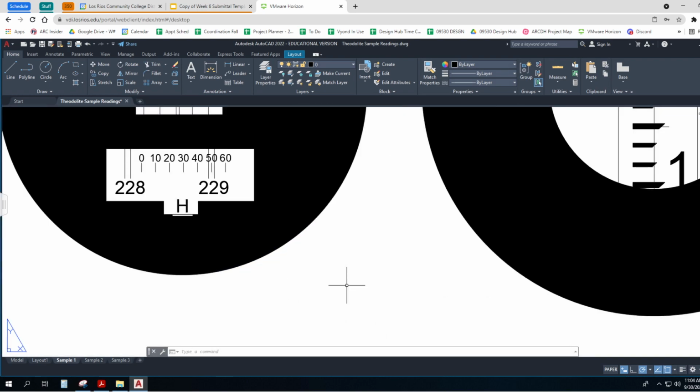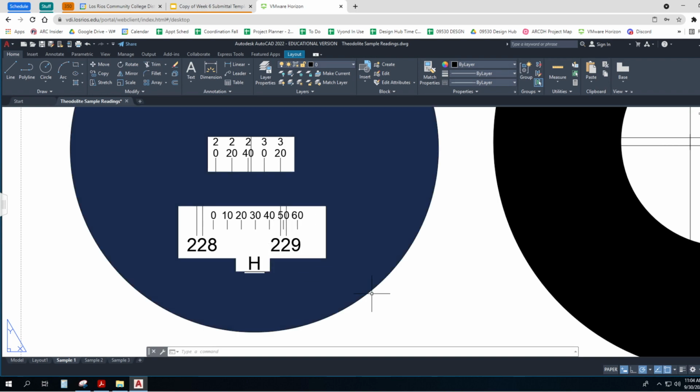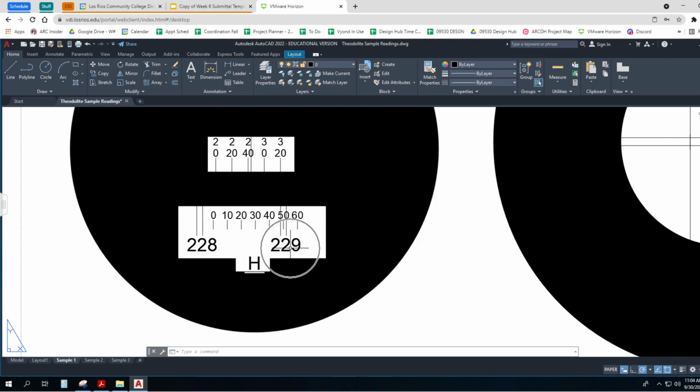Let's zoom in on it. I have to find the one. There's my degrees, and I'm bracketing this 50 here. That's minutes. So I'm at 229. This one, 228, doesn't count because it's not bracketing anything.